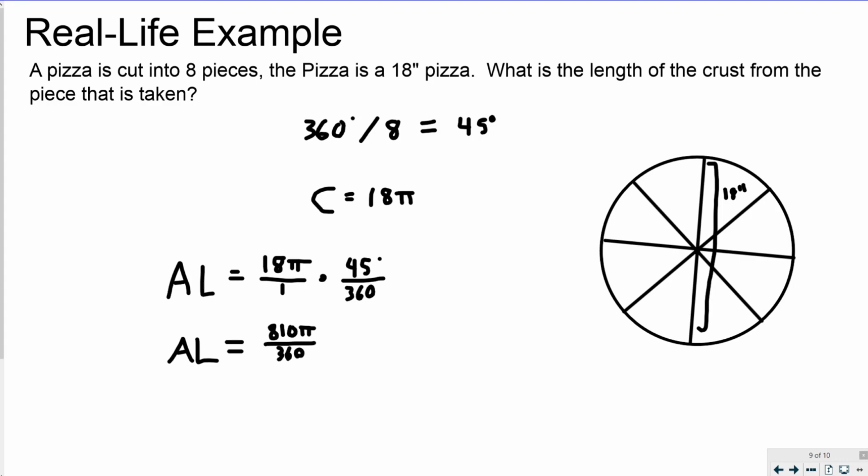So I'm going to divide 810 by 360. I get 2.25, which I know as a fraction is equivalent to 9/4. So the arc length would be equal to 9 pi over 4 inches, which is my exact answer. But because we're dealing with a real life situation, we would take the approximate. So 9/4 times pi is equal to 7.1 inches.